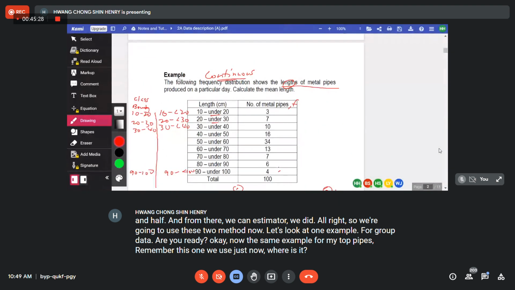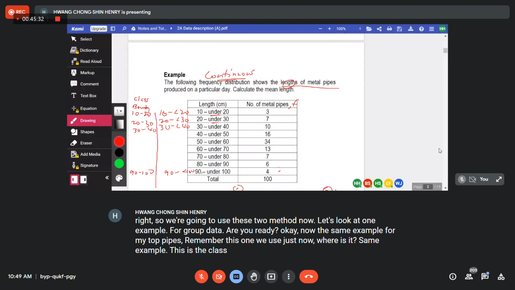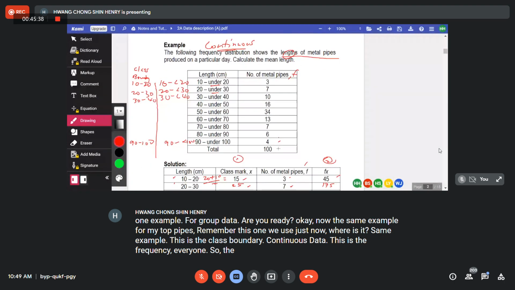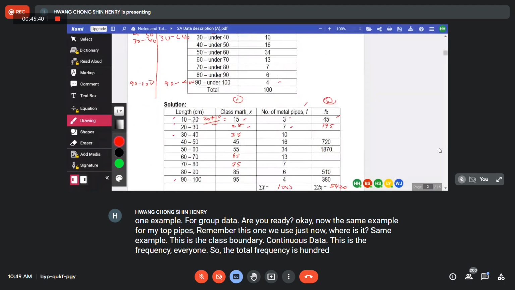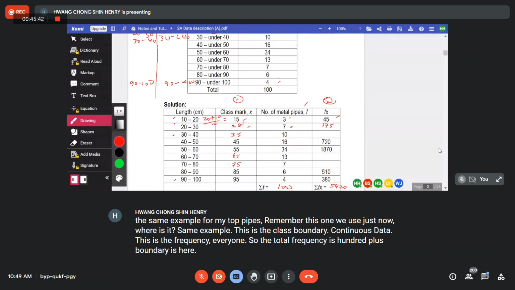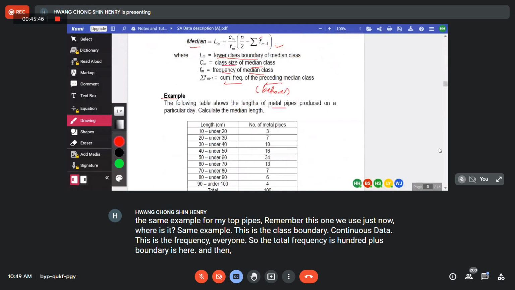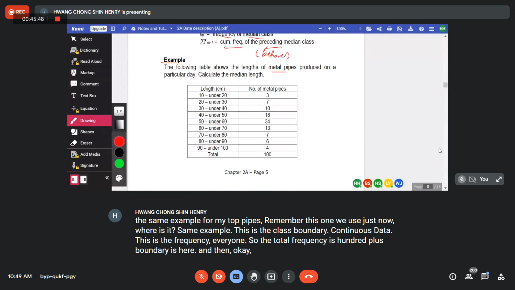Here, same example. This is the class boundary, continuous data. This is the frequency, everyone. So the total frequency is 100. The class boundary is here. Okay, now, everyone, the class boundary, total frequency.